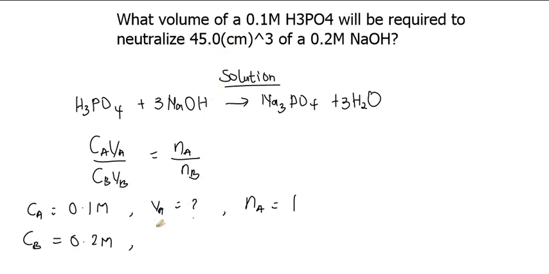So I have my Vb to be 45.0 cm³. Then Nb, the number of moles of base. So coming back to the equation, that is going to be the coefficient of the base. So the coefficient here is 3. So we have Nb to be equal to 3.